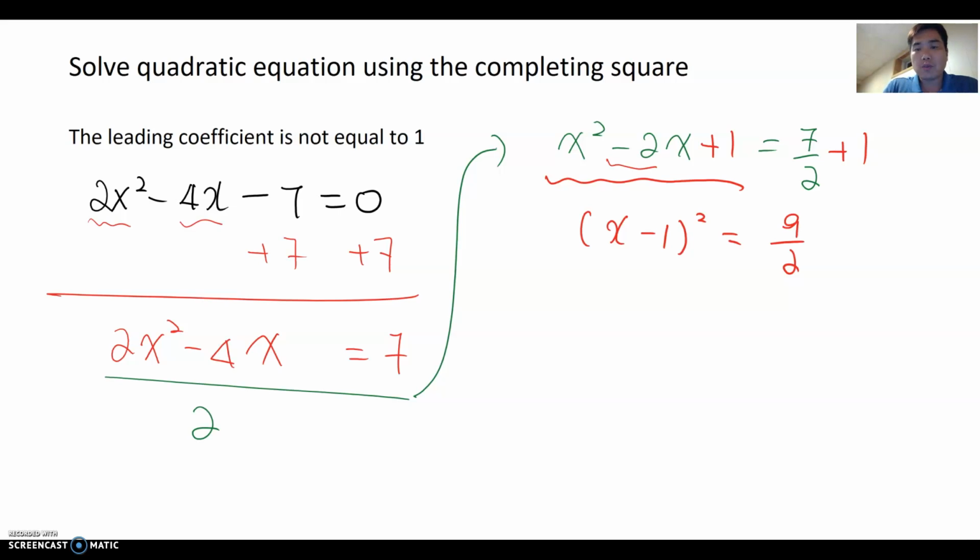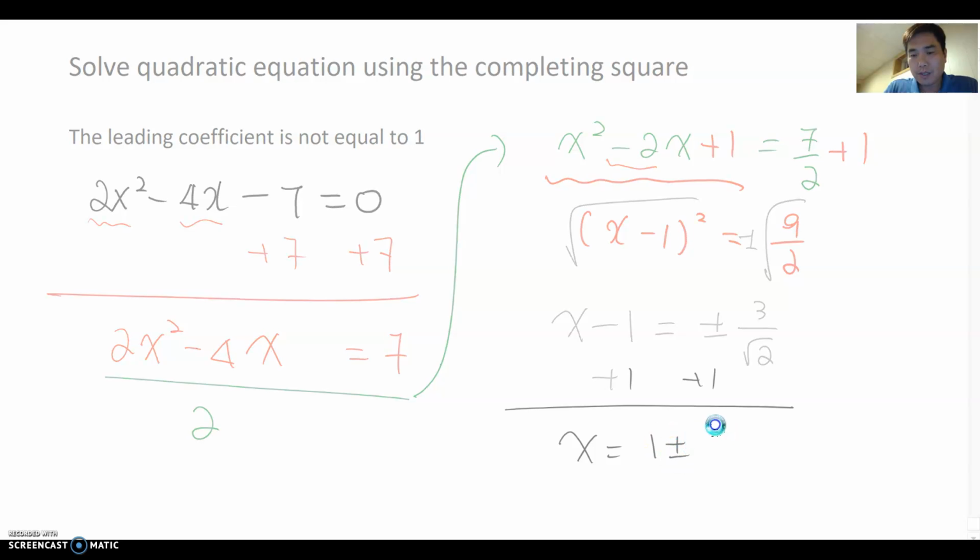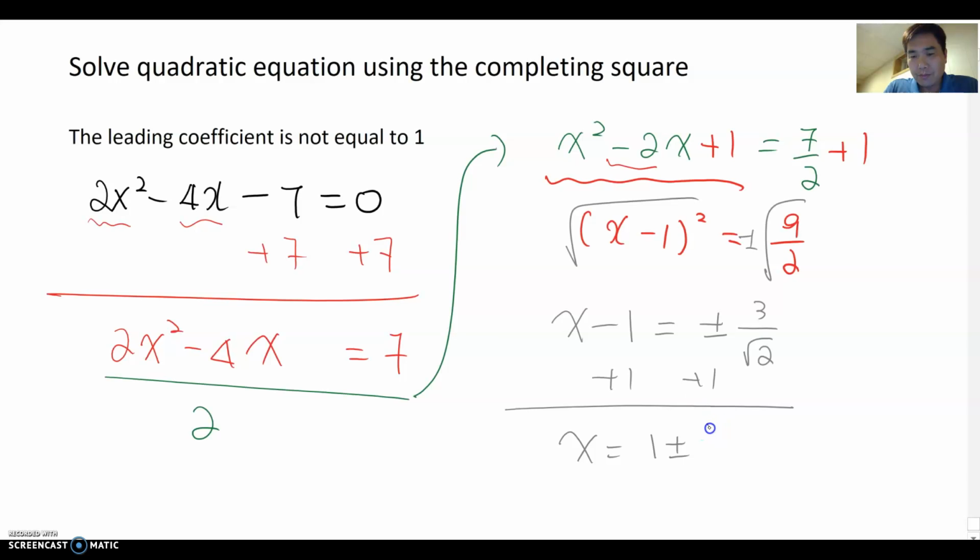Now next step, you take the square root of both sides, and don't forget plus and minus. Then this becomes x minus 1 equal to plus and minus 3 over root 2. Now combine the 1, then x equal to 1 plus and minus 3 over root 2.